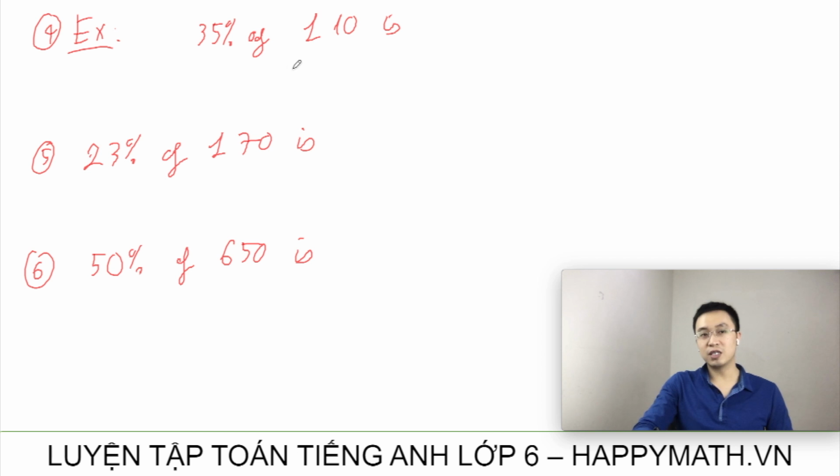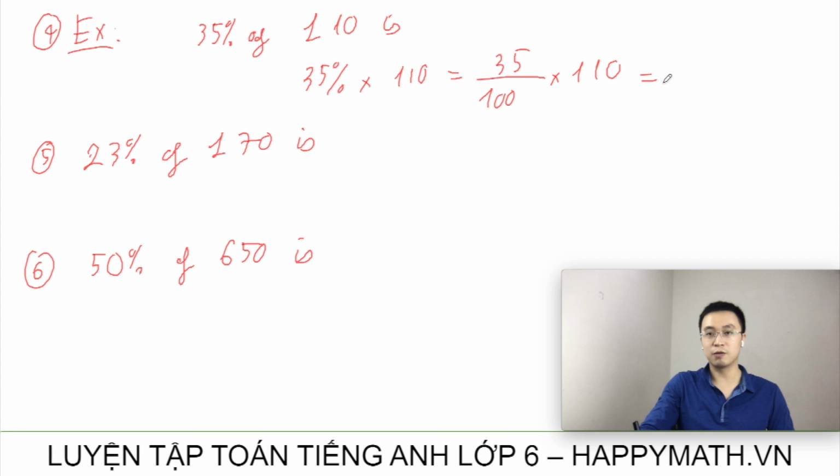Okay, for the first exercise 4, we take the 35% multiplied with the 110. 35 divided by 100 and multiplied with 110. You can cancel a 0 here and a 0 here, and you get 385 divided by 10, so 38.5.